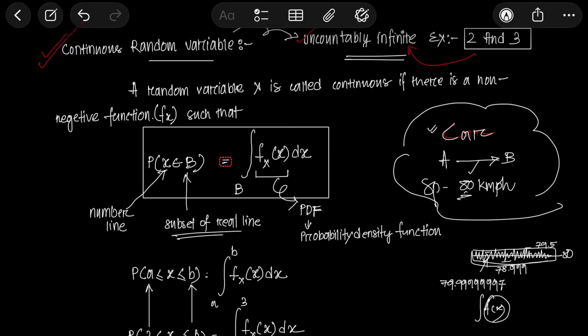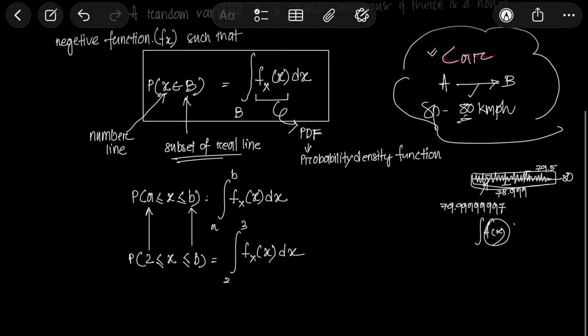The speed of the car is represented by f of x, and we will integrate it with respect to dx, from 79 to 81. We increase the range and create a range.